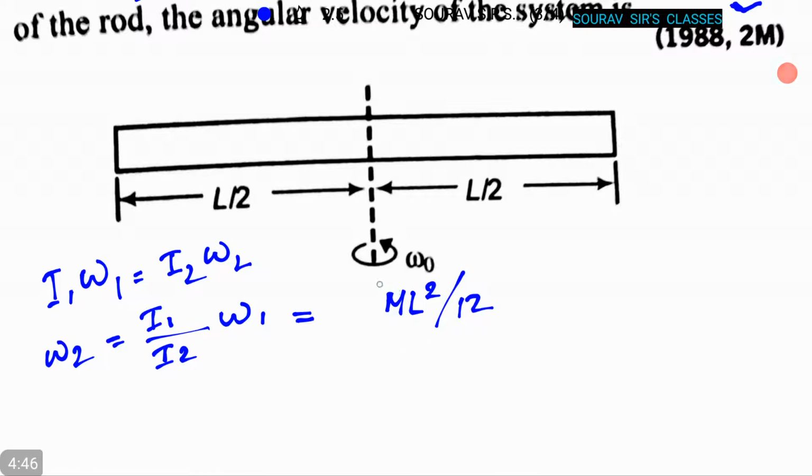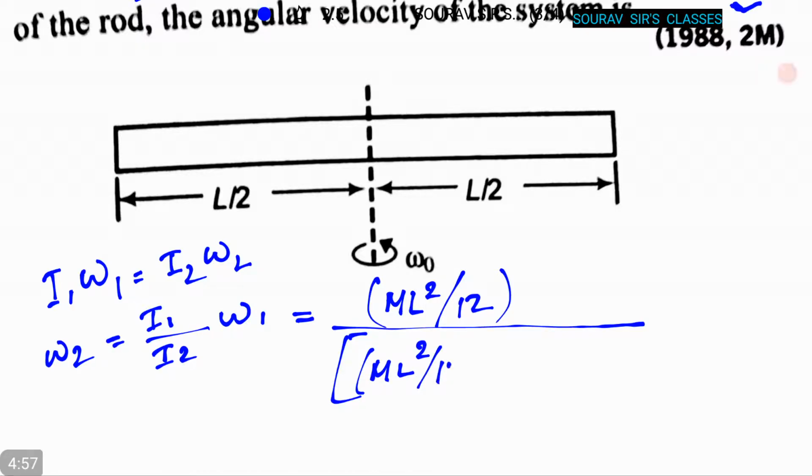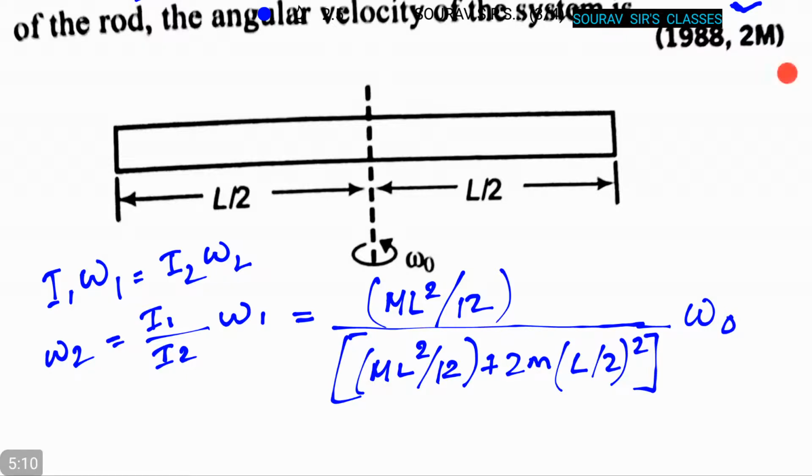putting the dimensions, we can rewrite it as (m L square divided by 12) whole divided by (m L square divided by 12 plus 2m into (L by 2) whole square) into omega 0.